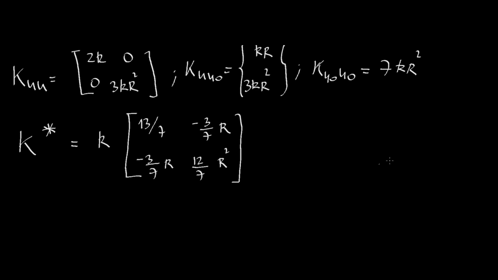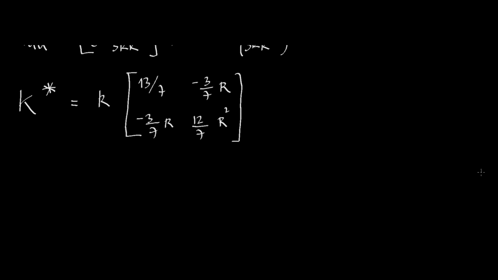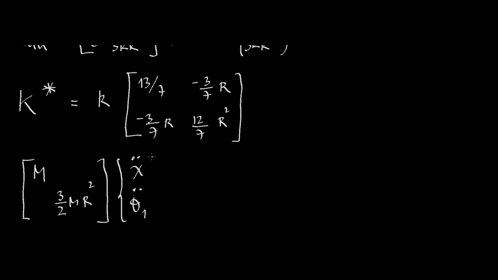Okay, and then our new equation of motion with only the coordinates with mass associated to it can be written in the following way. This time, the mass matrix plus our K star stiffness matrix.